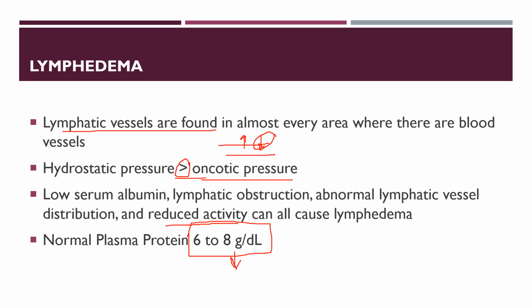Remember that oncotic pressure really depends on these plasma proteins. If it can't pull the fluid back into the capillary because there are no proteins in the blood, it's just going to continue to leak, and that hydrostatic pressure gets greater and greater, and that leads to more peripheral edema. So you need to know this normal level, 6 to 8 grams per deciliter.